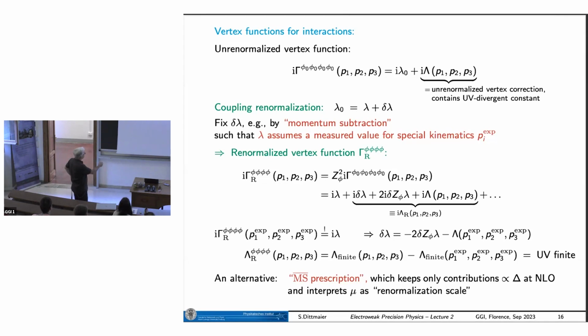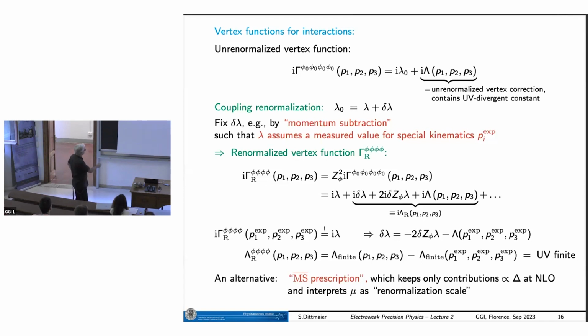You can call it kind of a momentum subtraction scheme. That means lambda assumes a measured value for a special kinematical point, which I call Px for experimental. And if you do that, you can in this way also define a renormalized version of these 4-point vertex functions as I introduced it yesterday, which gets a rescaling factor from the definition of the green functions.